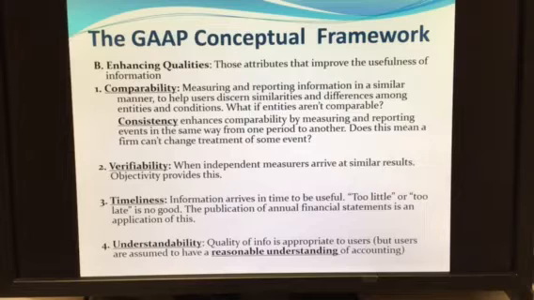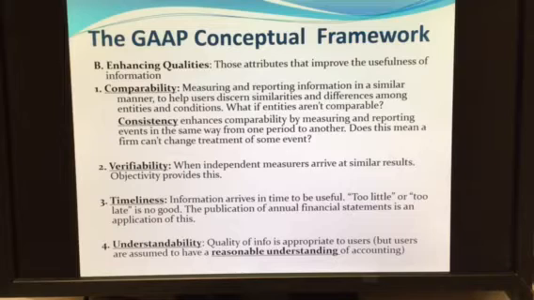Comparability concerns measuring and reporting information in a similar manner to help users discern similarities and differences among entities and conditions. And the comparability that we want is comparability between companies, and also comparability from period to period for a particular company.